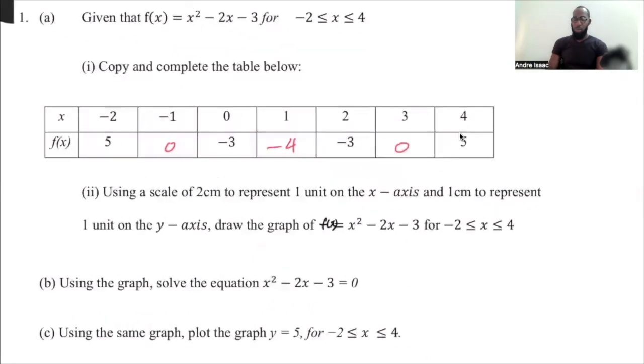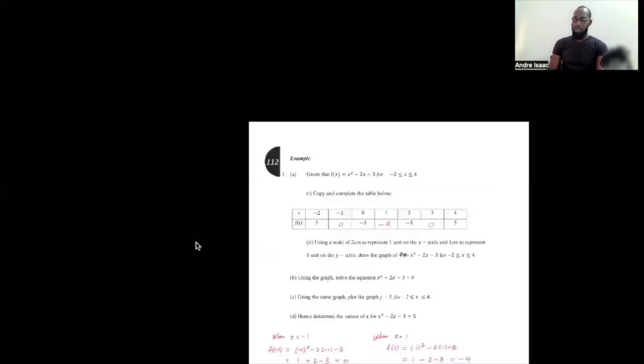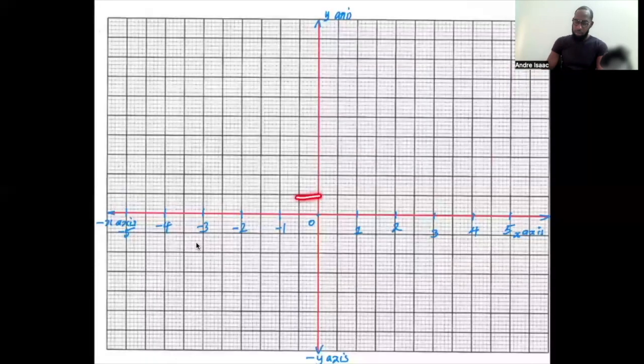So 1 cm represents 1 unit on the y-axis. Let's deal with that. Each box, this box here, represents 1. So this is 1, this is 2, this is 3, this is 4, so on. And we do the same for the negative side.